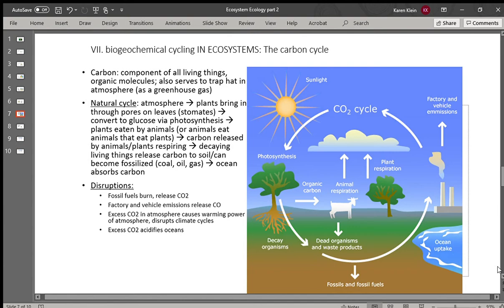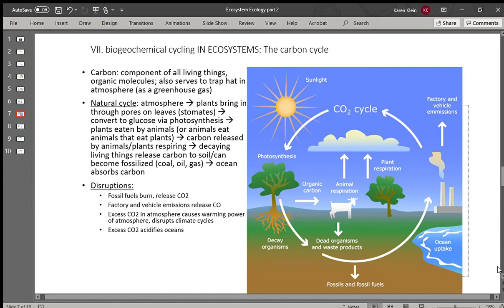And then you can have carbon move onto animals by an animal eating that plant and securing carbon in that way. And then carbon is released back into the atmosphere by animals that undergo respiration, because people do it, and many other animals do it, they breathe oxygen in, and when they exhale, they're exhaling carbon dioxide.